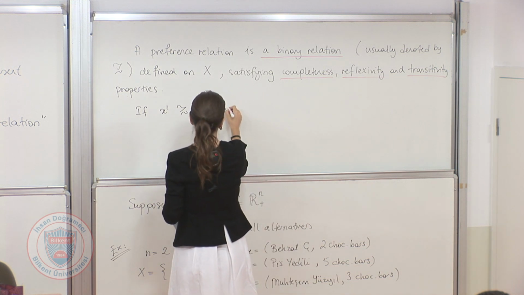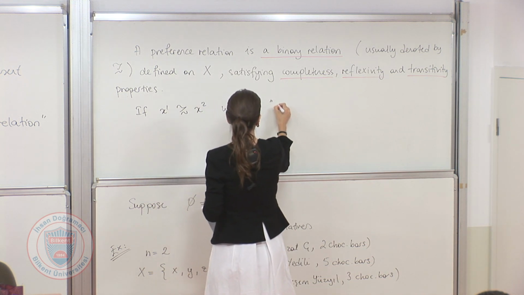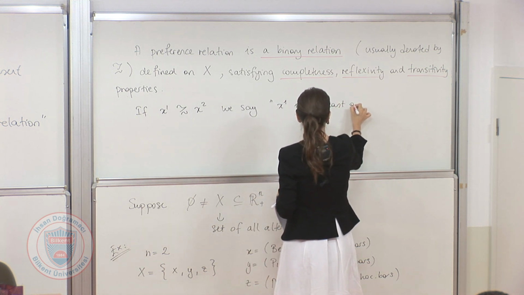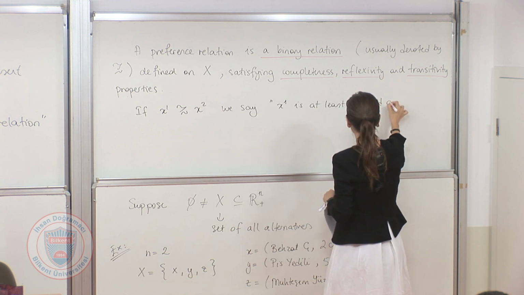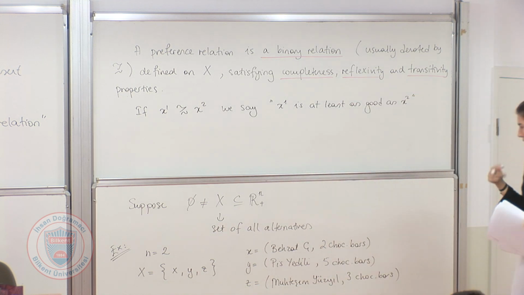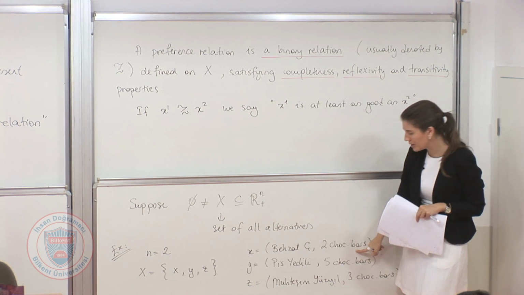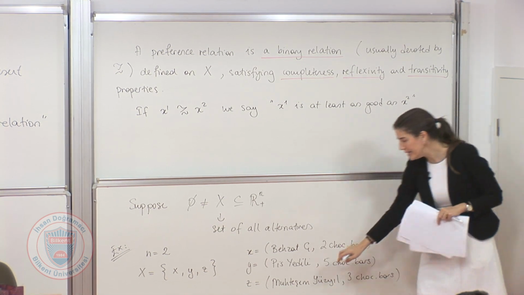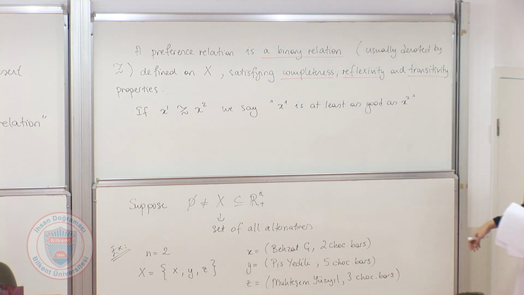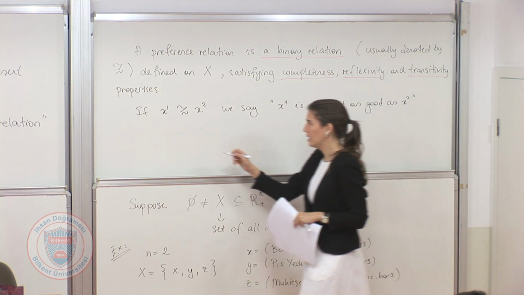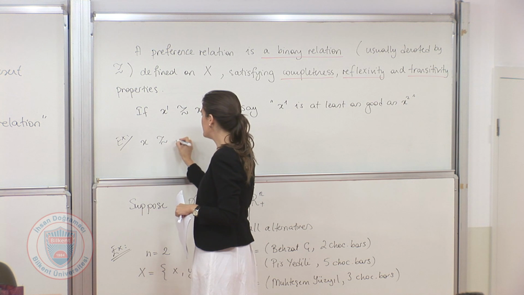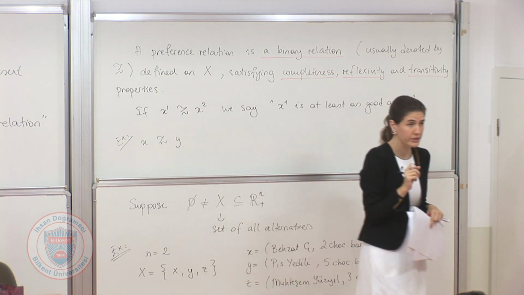We read this as x1 is at least as good as x2. Right? So basically for me, let's say Behzatçı and 2 chocolate bars is at least as good as Muhteşem Yüzyıl and 3 chocolate bars. Okay? So if I say x is at least as good as y, that's what it means.